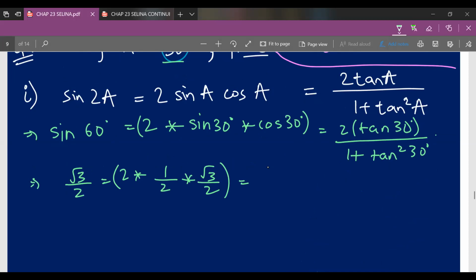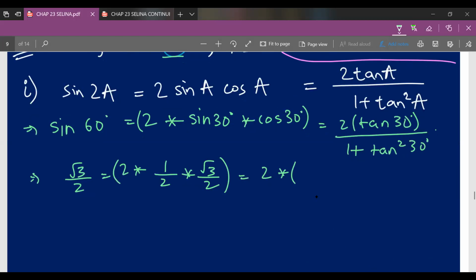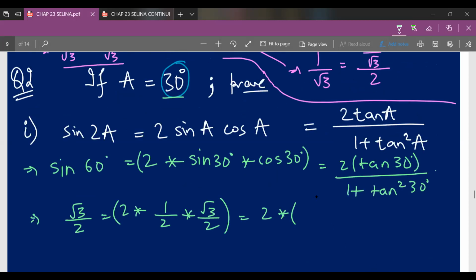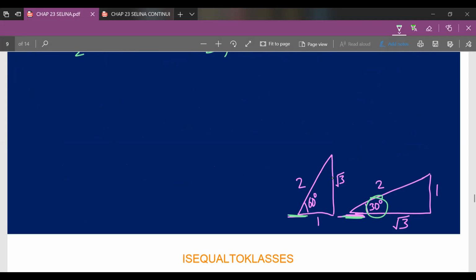Now over here, this is the extreme LHS, this is the extreme RHS, and this is the MHS, the middle hand side. So over here we'll solve the extreme RHS. This will be translated into 2 tan 30 degrees. Now for tan 30 degrees, as I've said before, if the sine, cos, tan changes, it doesn't matter. If the angle remains the same, so will be the magic triangle. So for 30 degrees, the magic triangle is this.